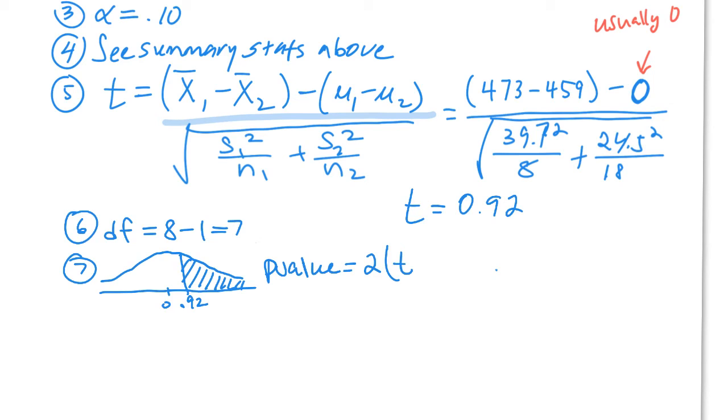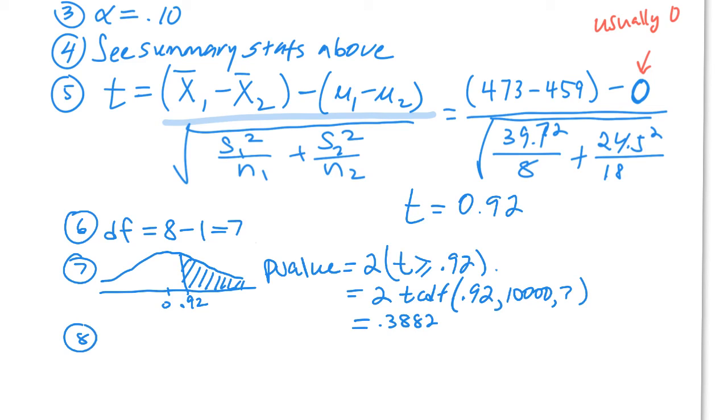So I'll calculate twice the probability of getting a test statistic of 0.92 or greater. So this is twice the TCDF command with 0.92 for the lower boundary, 10,000 for the upper, and 7 degrees of freedom. And for that, I got 0.3882.